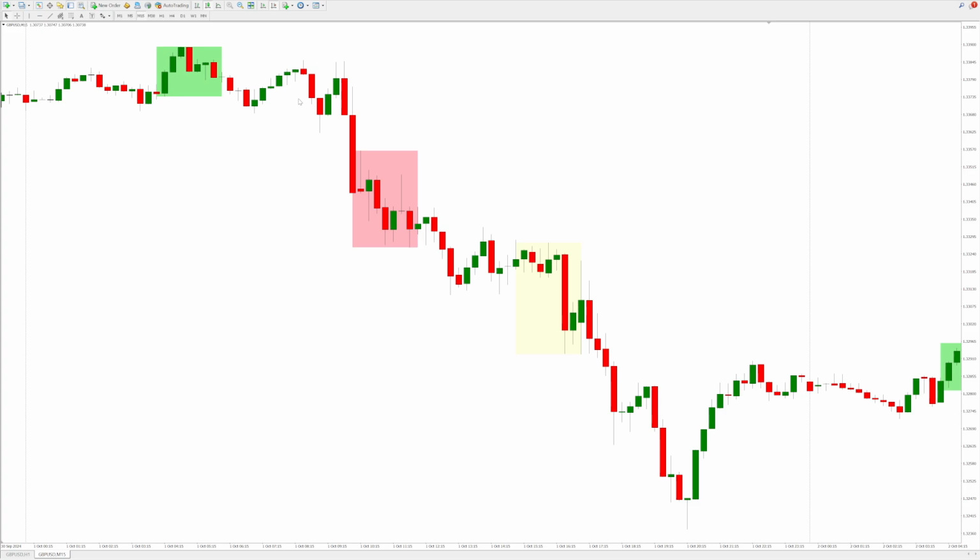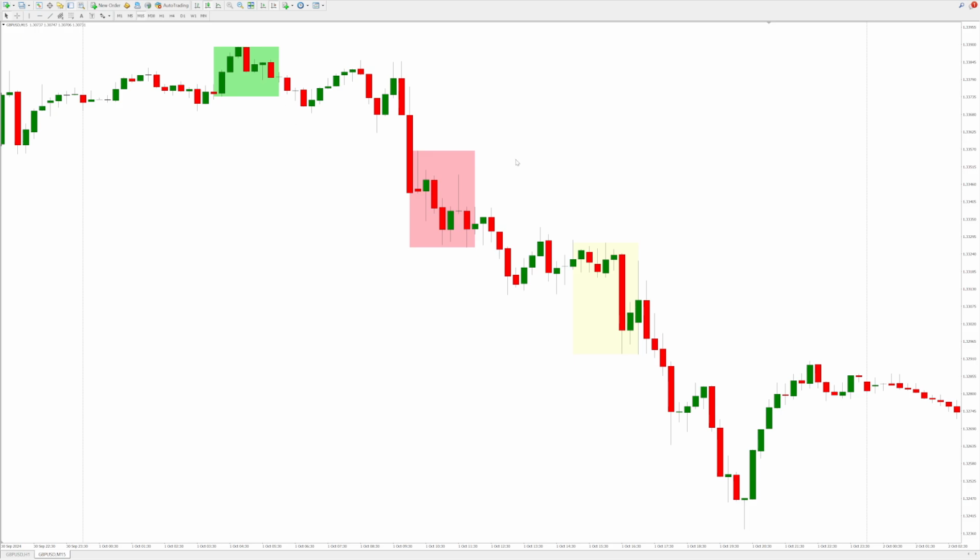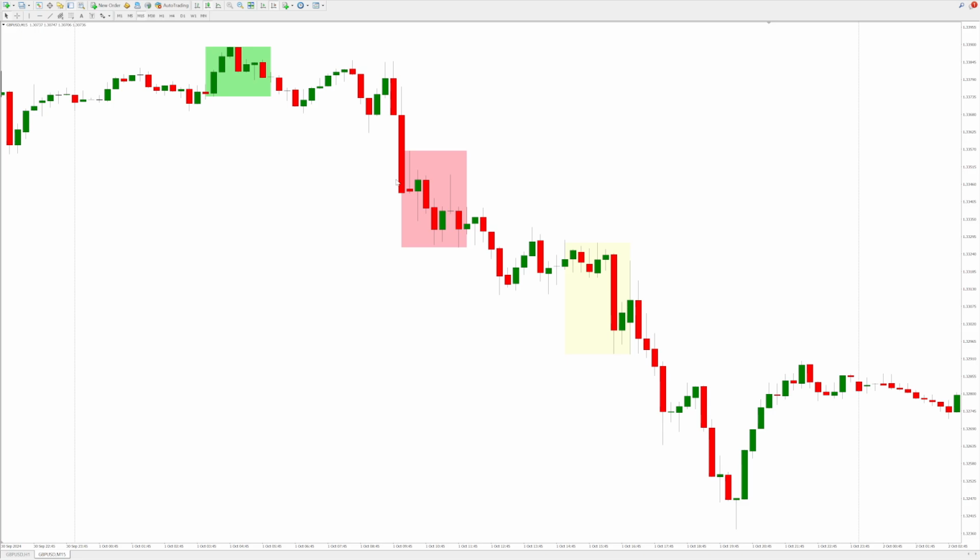You probably wouldn't want to be trading the guppy, the pound and the yen around the opening of the Asian session if you're trading a ranging strategy, because it could just be too volatile. So yeah, it just basically marks trading sessions on your chart, really. Then it's up to you how you want to trade.